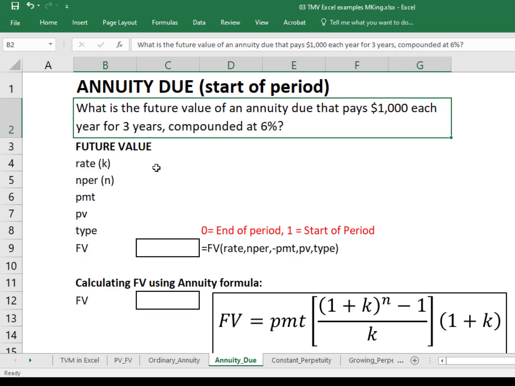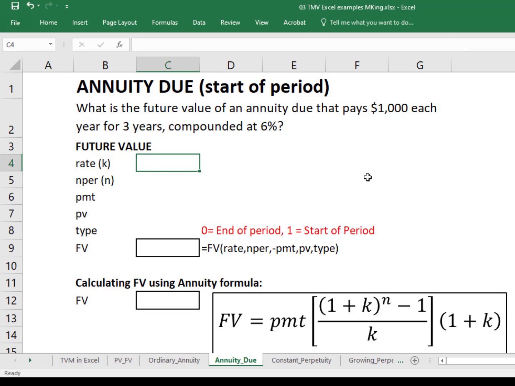With an annuity due, the payments come at the start of the period, so we're going to receive $1,000 immediately in year 0, plus 2 more payments of $1,000. Okay, so using the function, 6%, 3 periods, payments of $1,000. Again, even though we're receiving a payment in the first period, we're not paying anything to buy this annuity right now.